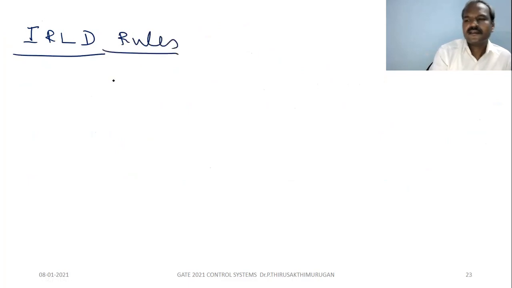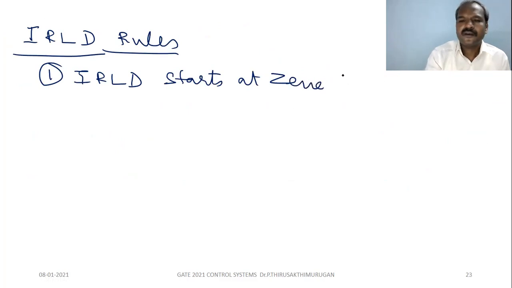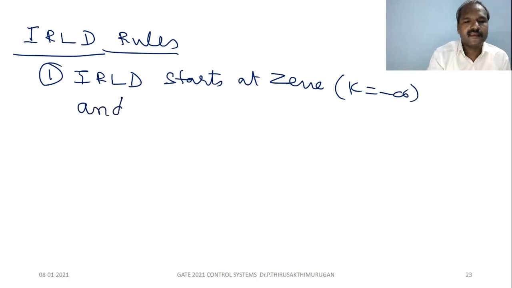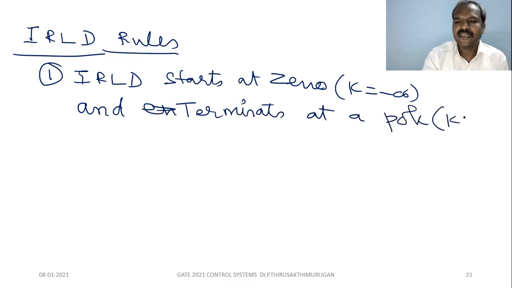The first one: the inverse RLD or complementary RLD starts at a zero when k equal to minus infinity and terminates at a pole when k equal to 0. This is the reverse phenomenon.